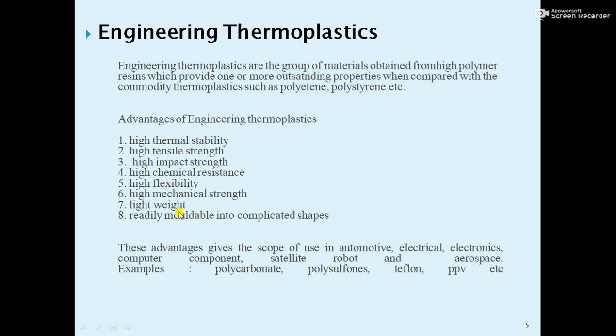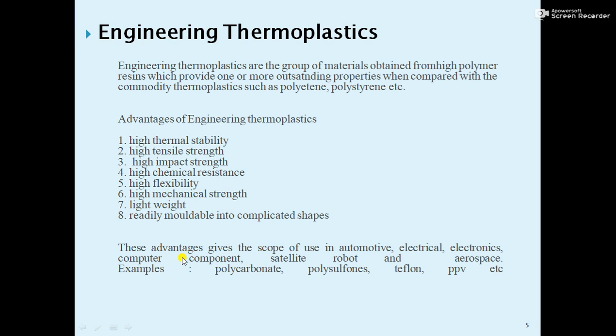These two properties, lightweight and readily moldable, are very important and have made the use of engineering thermoplastic very important. These are the required properties for any engineering work, and they are very important for any type of polymer.